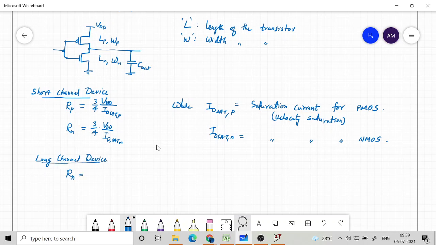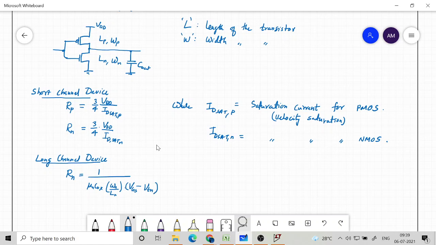So what we do is take VDS by IDS, so VDS will get cancelled, and then we will have 1 by mu n Cox Wn by Ln into VGS minus VTN.